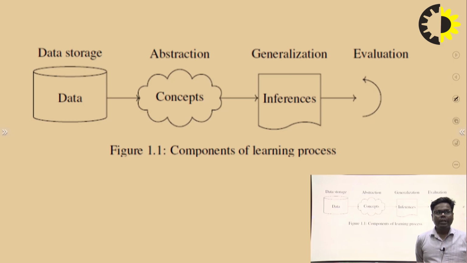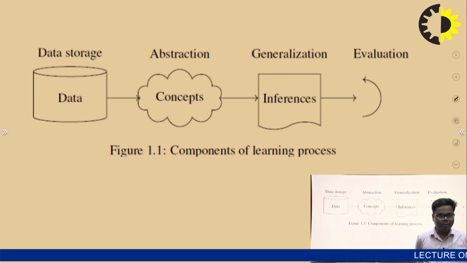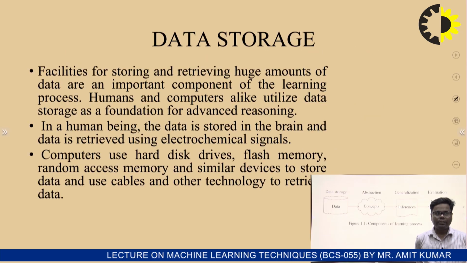When the data is stored, the concepts of machine learning approaches come under the abstraction part, the generalization part takes the inference from that, and the evaluation is done after the model has been trained.